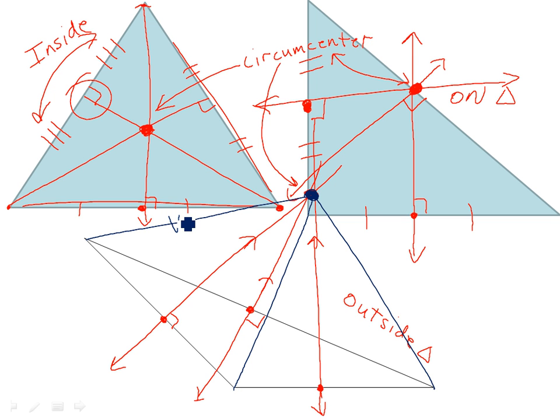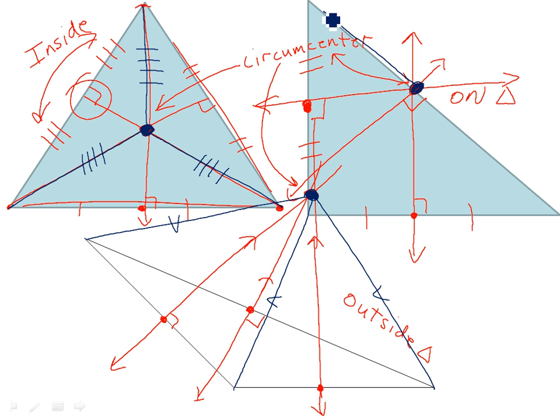All of those have to be exactly the same. So if I look here on this one, the distance from the circumcenter to that corner has to be the same as the distance from the circumcenter to that corner, and the distance from the circumcenter to that corner. Same idea here.